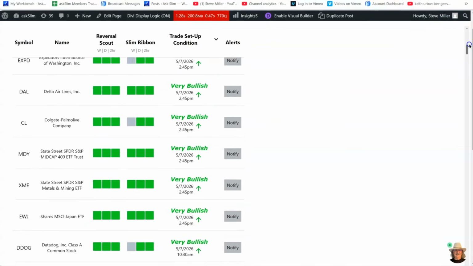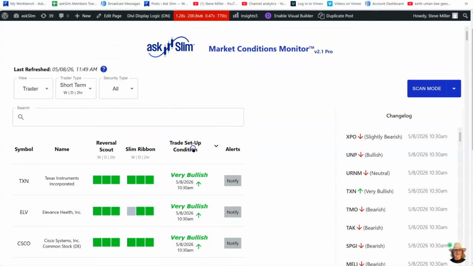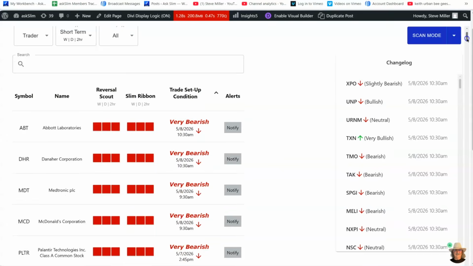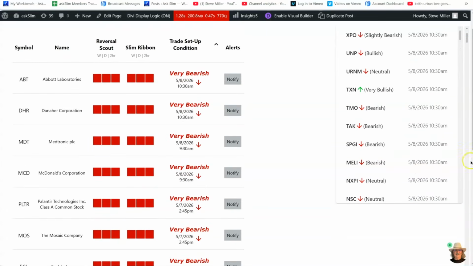Let's go back up to the top right over here and set the condition in here for very bearish right there. And you can see in here, these are the ones that are quite negative, as you would expect. If you follow McDonald's and you see what that chart looks like, it's been very bearish.